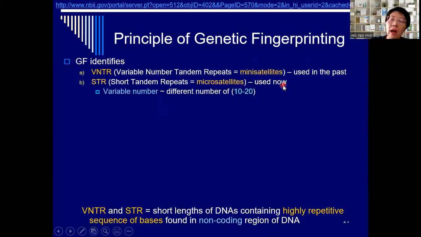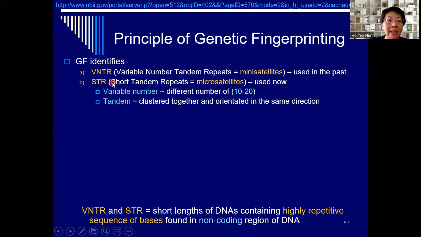So let us see the meaning of variable number tandem repeats. Variable number means a different number of repeats, it can be 10 to 20. Tandem means clustered together and oriented in the same direction.